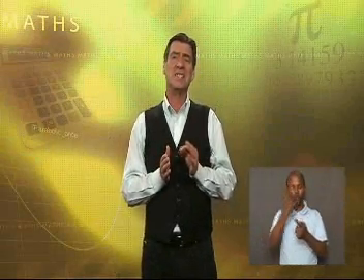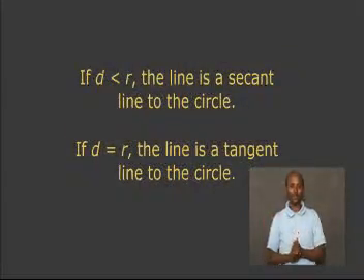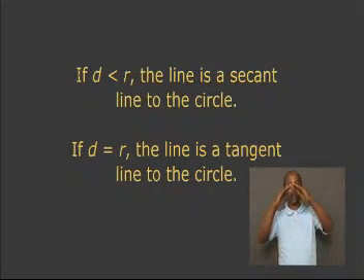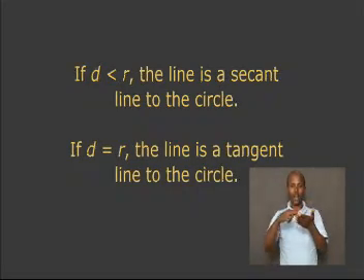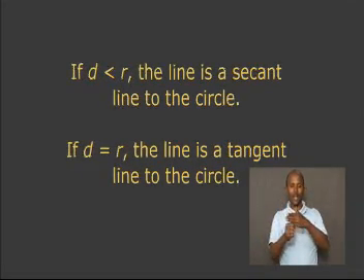In the last lesson, we discussed several results that may occur when calculating the perpendicular distance from the center of a circle to a line. If the distance of the line is less than the radius, then it is called a secant line.